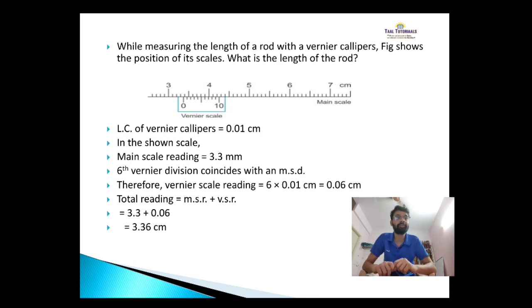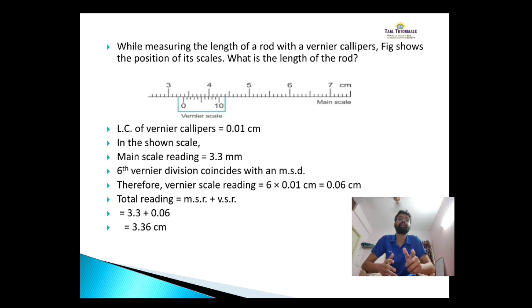Sorry, I have written millimeter, it will be centimeter. Please class note down that it is not millimeter, it is centimeter, 3.3 centimeter, because that scale is of centimeter. Now, we see the 6th division is matching straight with the main scale. So 6 vernier divisions coincide with the main scale division.